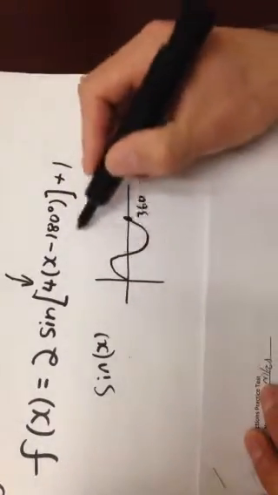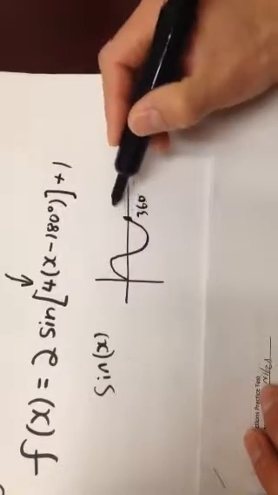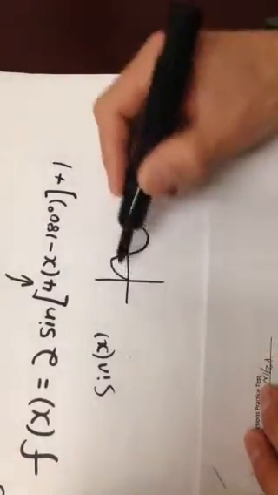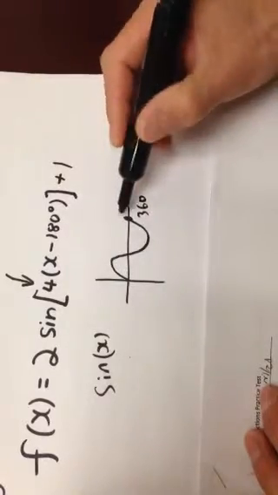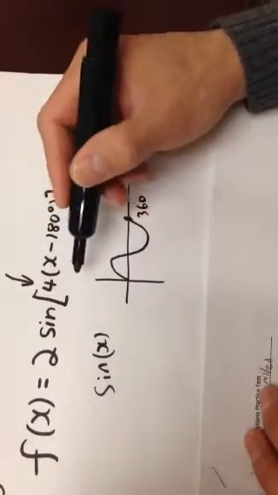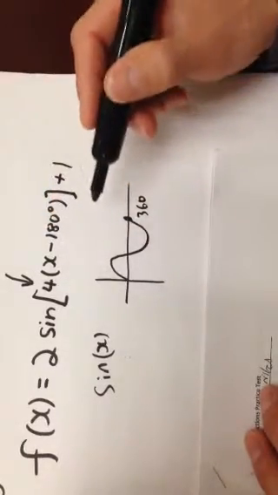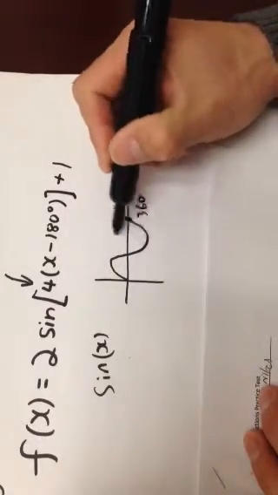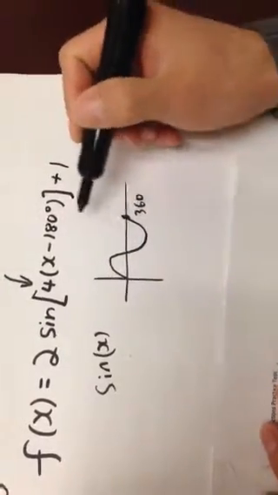Because when you do a full rotation, the cycle for generating sine x repeats itself. So by default, the period for sine x is 360 degrees. When we multiply that by a number, that increases the frequency, meaning we get more ups and downs in the same amount of time.